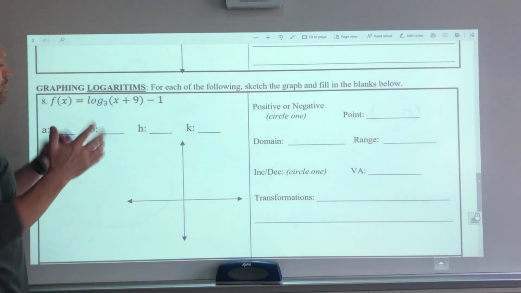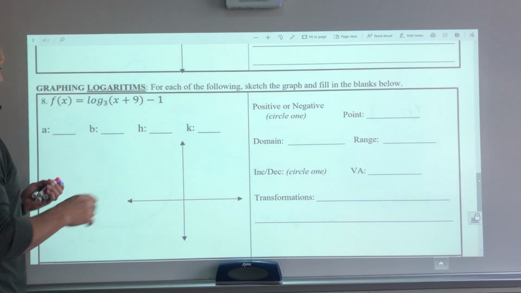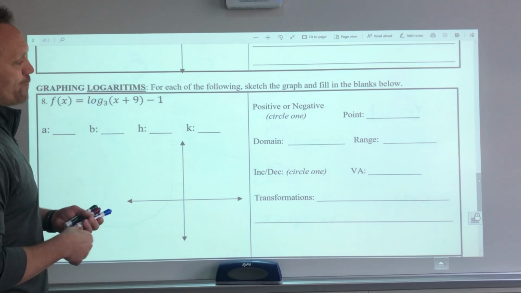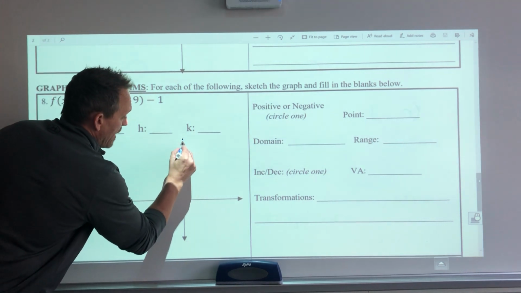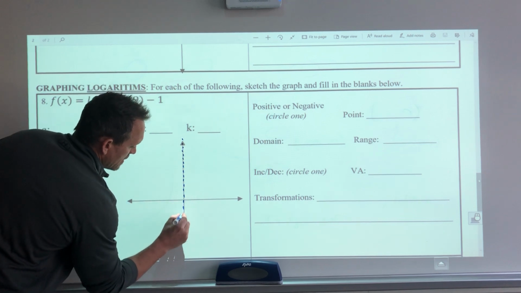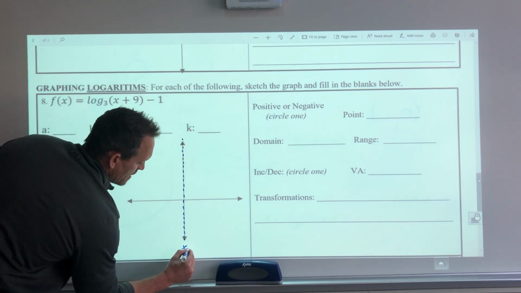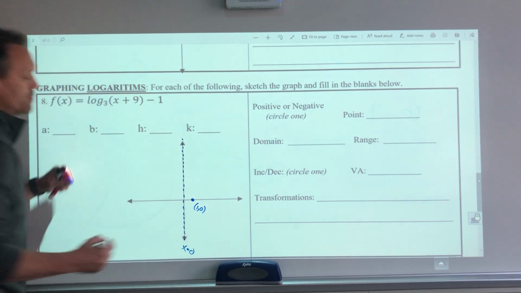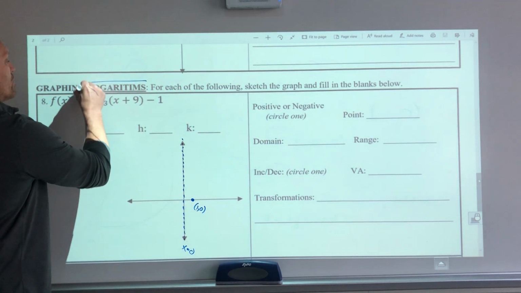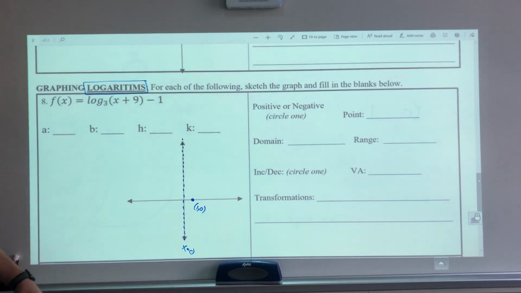Log of base, I don't want to plug in numbers to that. I can't deal with that kind of stuff. But I can move things. I can understand my baseline, which now my baseline is at x equals 0 and 1, 0. It's my baseline for logarithms. Okay? So we have to determine what it's going to look like. Is it positive? Is it negative?